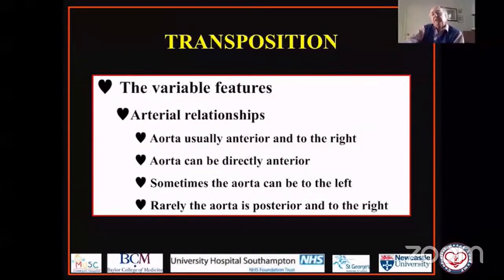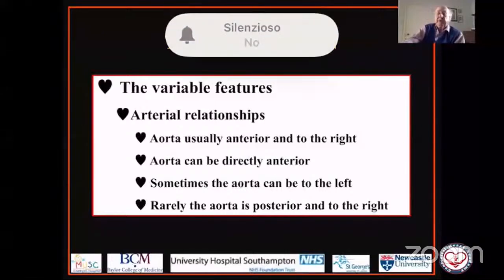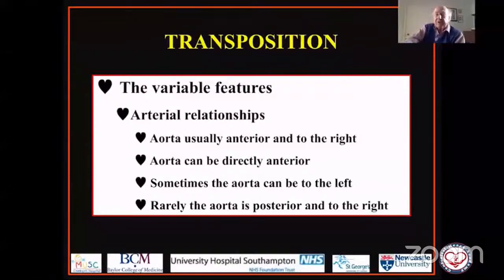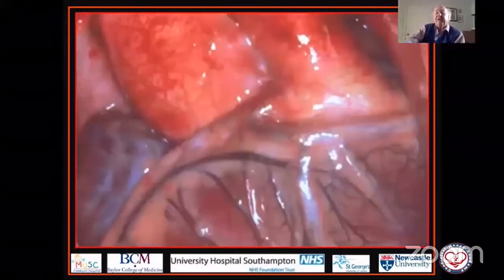And we are hoping that at the end of today's presentations, Adrian Crucean is going to join us again from Birmingham, and he's going to show us one of these very rare combinations with what we now call posterior transposition. But the interesting ones are those with left-sided aorta.